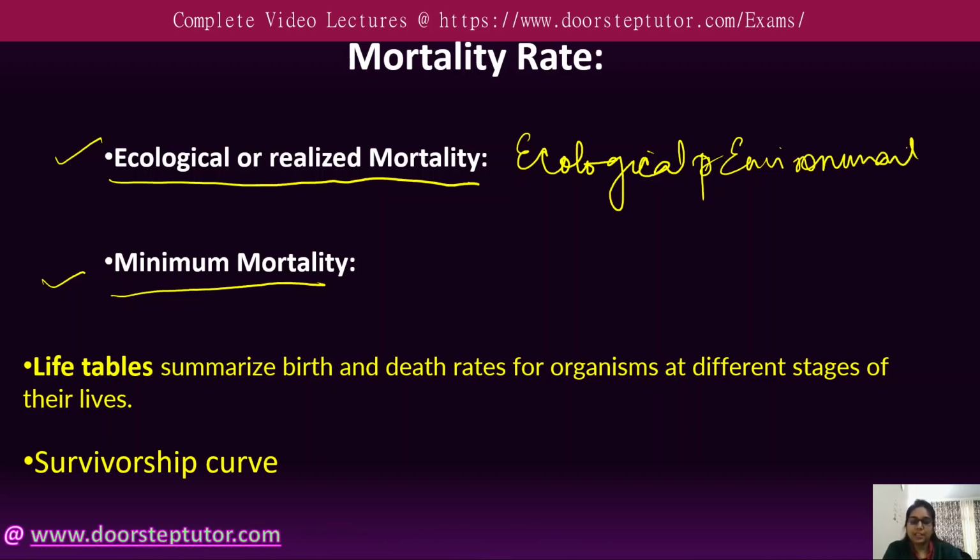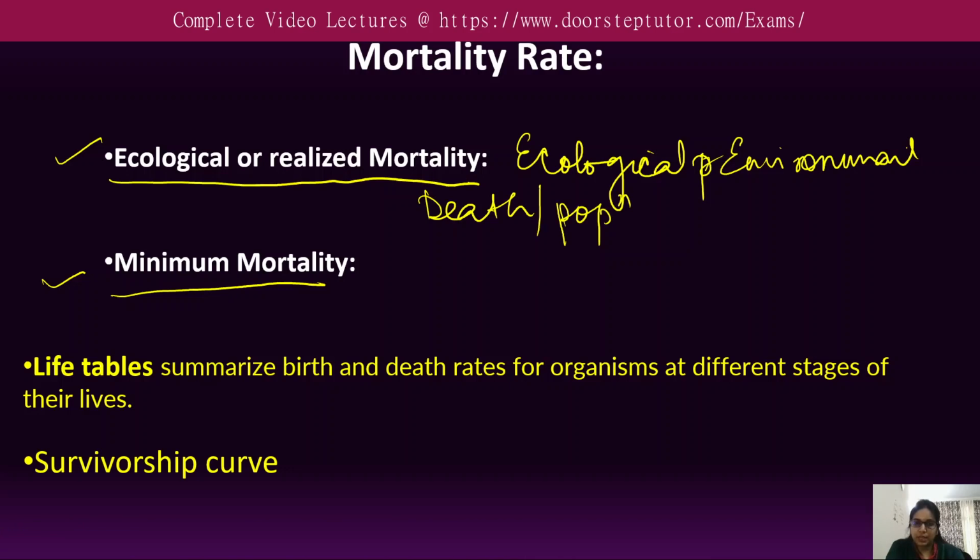It involves understanding how mortality is influenced by ecological factors, such as habitat conditions, availability of resources, predation, competition, and environmental stresses.